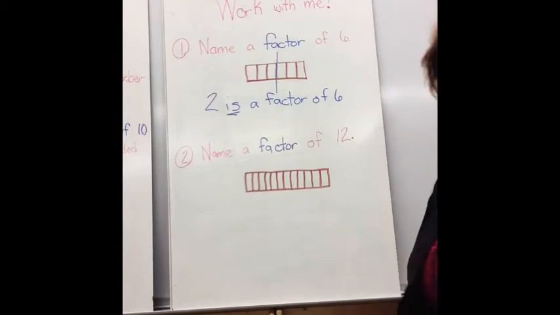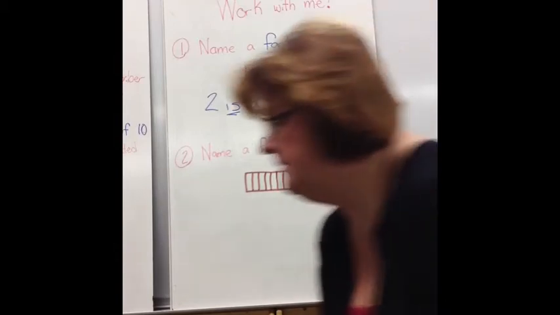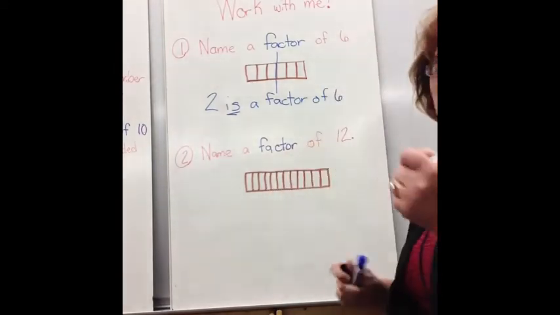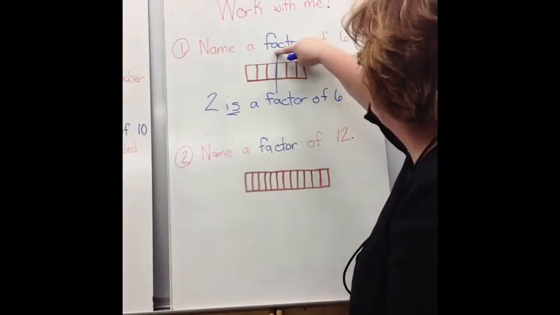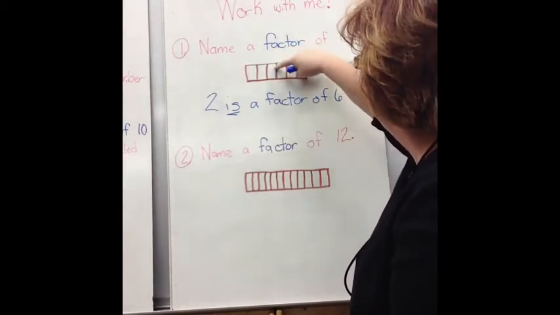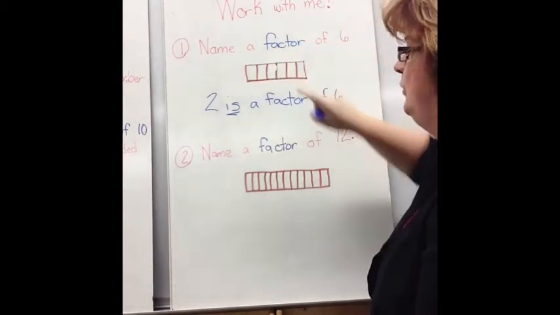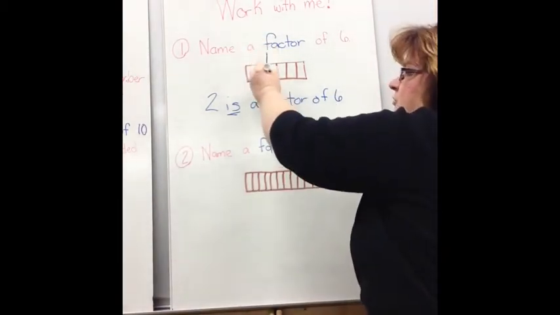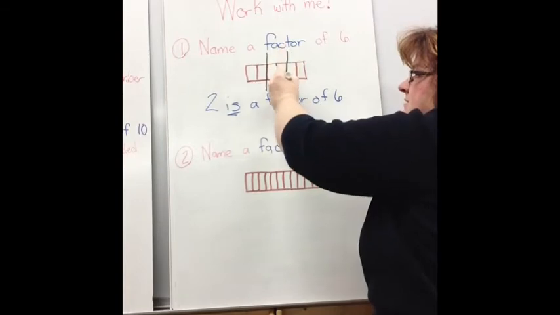Okay, there's another way to actually break this apart. Let me grab my other marker here. There's another way to actually break this group into parts. So let's get rid of our blue line. How else can I break this into equal parts? I could break it into 3 equal parts.